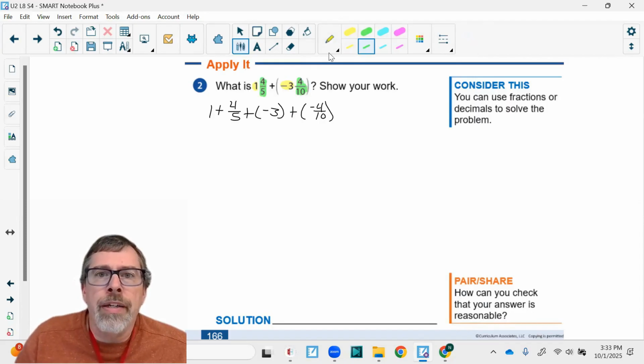I'm then going to highlight them like I did before. This is an integer, and this is an integer, and this is a rational number, and this is a rational number. Rewriting them as 1 plus -3, the yellow ones first, and then put the green ones together.